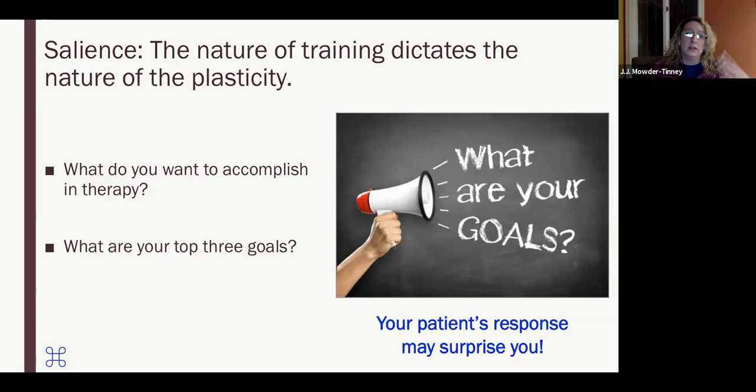But I think that just some things from the literature, what do you want to accomplish in therapy? I think your top 3 goals or your top 2 goals, if I'm working with someone who has more head injury type presentation or cognitive deficits, and I ask the caregiver if there's one thing that we could do here in clinic to make your life easier, what is it that we could do?